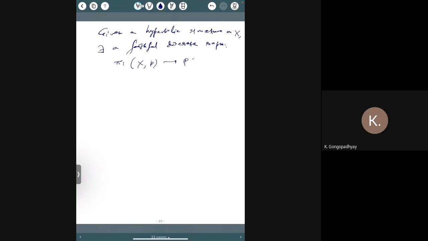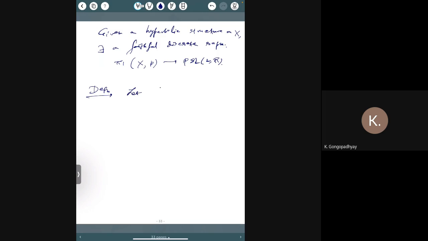So given a hyperbolic structure, there exists a faithful discrete representation from pi 1 of X to PSL2R. Okay, so now definition.